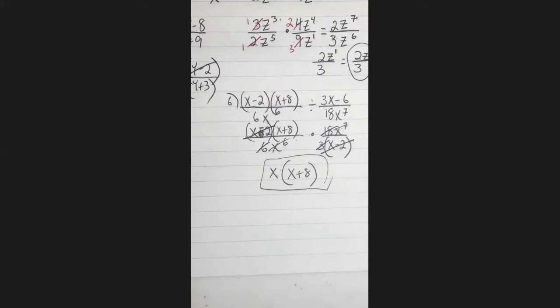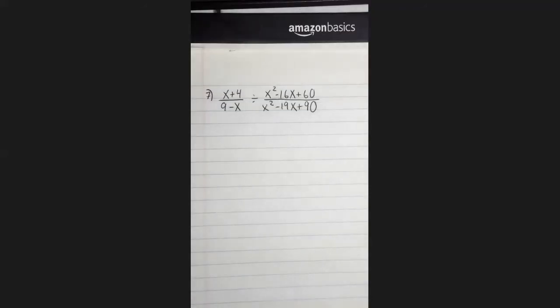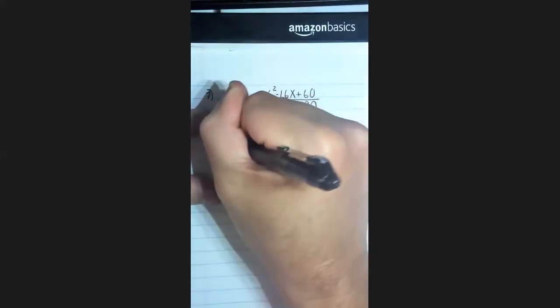Let me get a little more room for a few more examples. All right, so this is how the problem was presented. One thing I want you to see right here is this 9 minus x. Whenever they give you a problem written like this with a number in front, I would rewrite that because I already know what they're going to do.